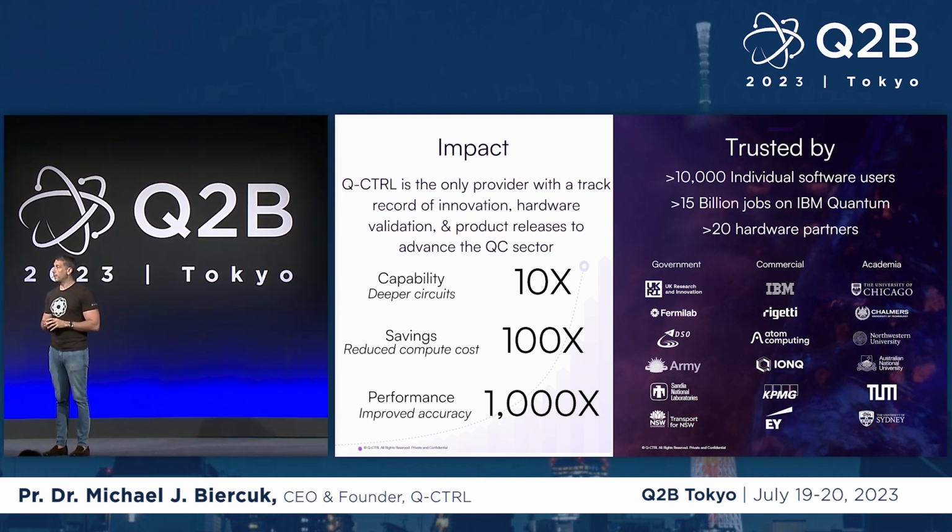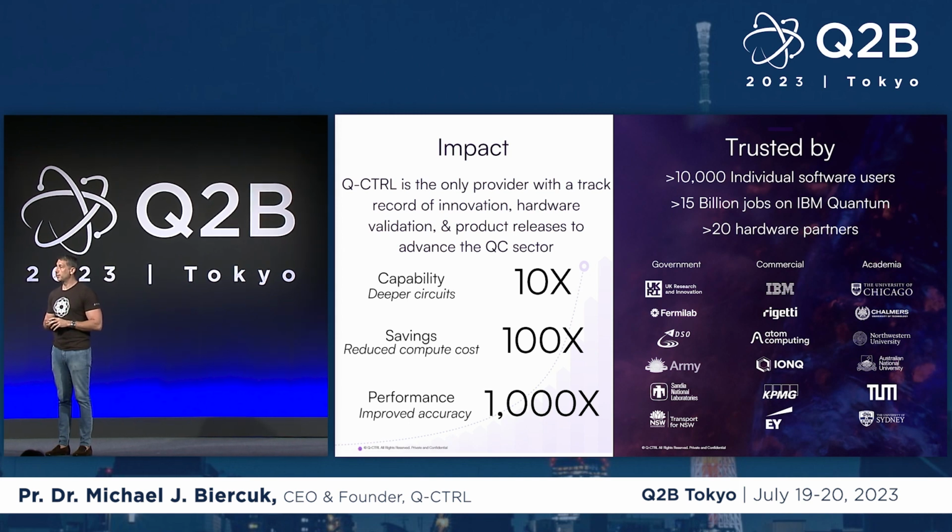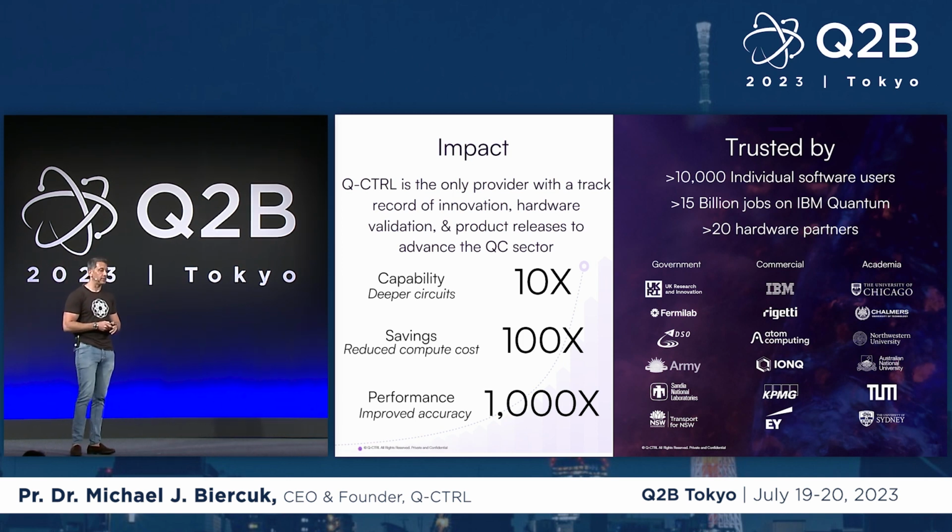We work with national laboratories around the world. We work with effectively all of the major providers of quantum computing hardware, teams that build devices. We announced in May that our software that I'll tell you about in a minute will run natively on IBM's hardware and all of their future machines. And of course, we work with academic organizations as well.